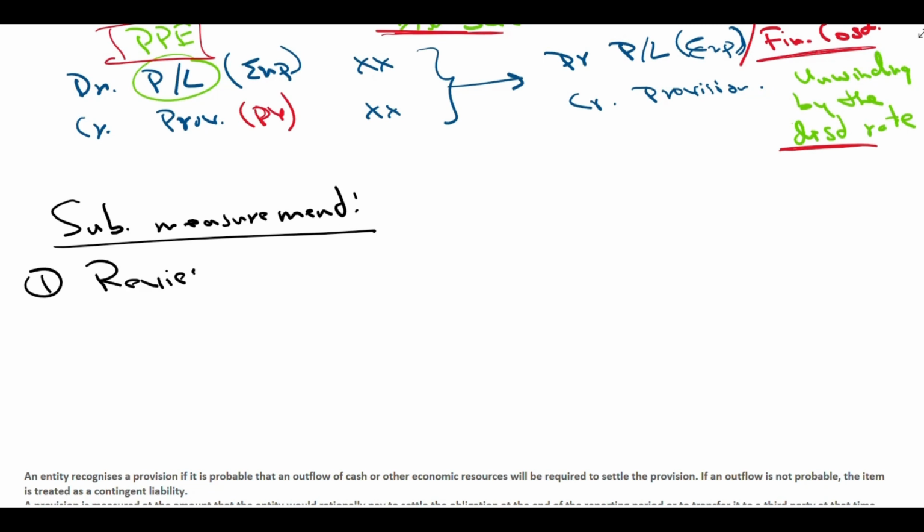Okay, you need to review the provision, because you need to see if there is a material change in this, or the circumstances have changed, or the estimate has changed drastically, a significant change, then you need to revise the provision and give the possible effect.